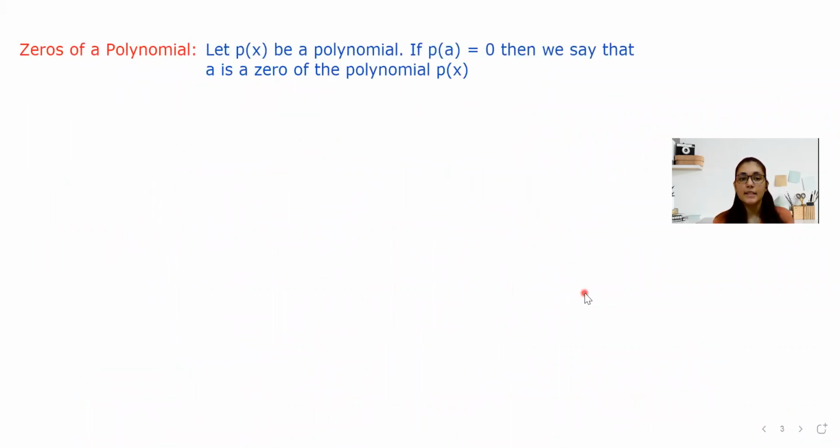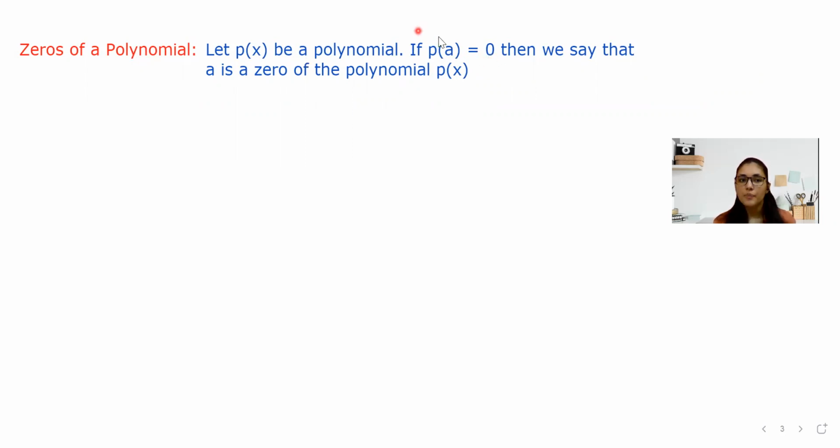Now, second is zeros of a polynomial. This is also very easy. For example, if p(x) is our polynomial which is given to us, and if we are replacing x by a, and the new value which we are getting is nothing but 0, so when you put x equals a in this polynomial, you are getting 0 as your answer.